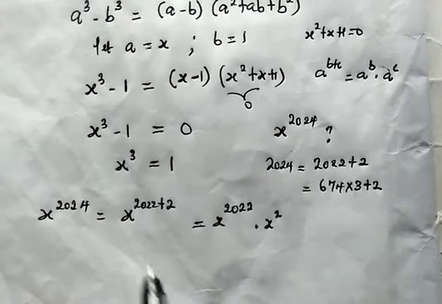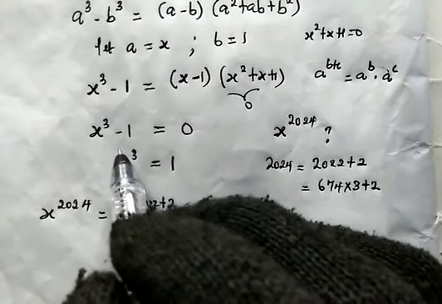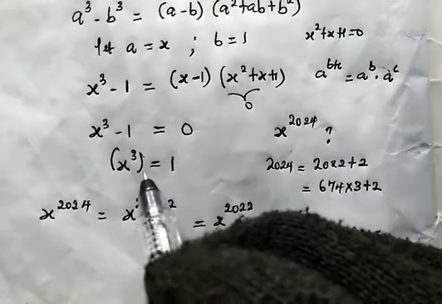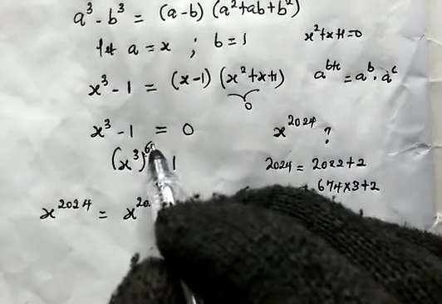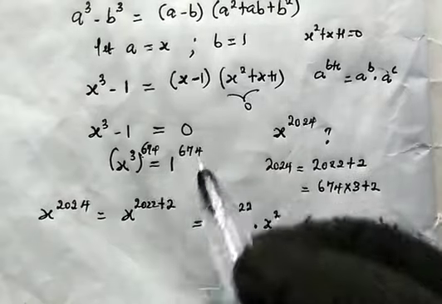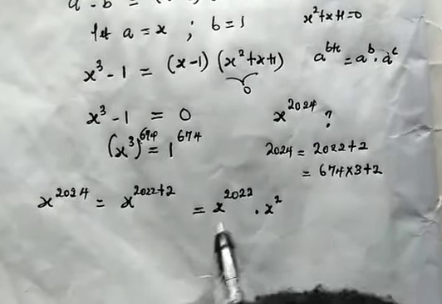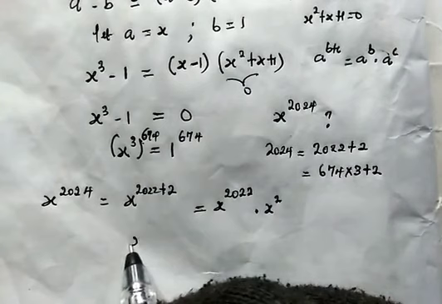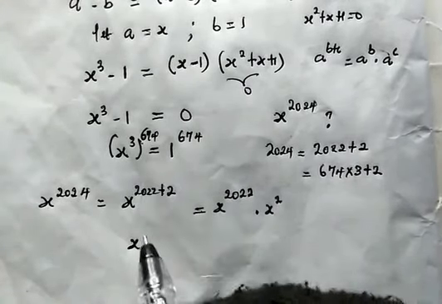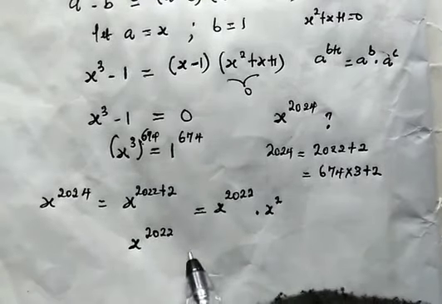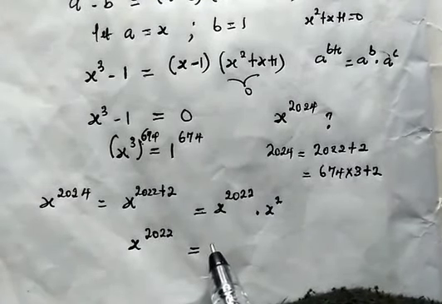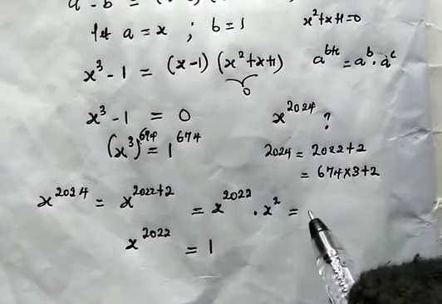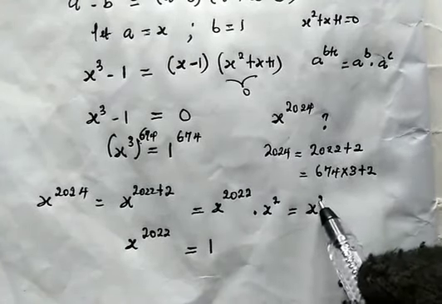Now, recall that x cubed is equal to 1, so we can raise both sides to the power of 674, since 674 times 3 will give us 2022. So we have x to the power of 3 times 674, which equals 2022, equal to 1 to the power of 674, which is 1. So this is the same as 1 times x squared, which is x squared.